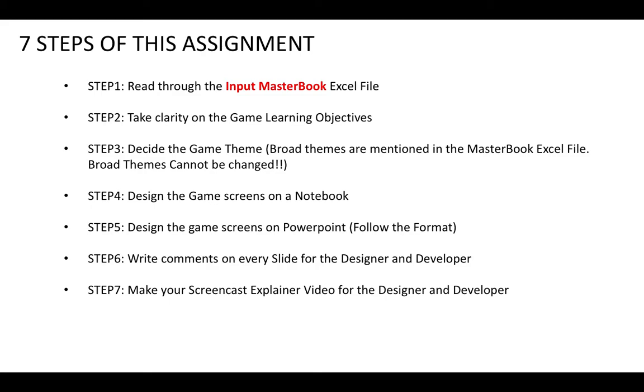Then take clarity on the game learning objectives. Decide the game theme, which is within the broad theme. Then design the game screens on a notebook. Then design the game screens on PowerPoint, and then write comments on every slide for the designer and developer, and make your screencast explainer video for the designer and developer.